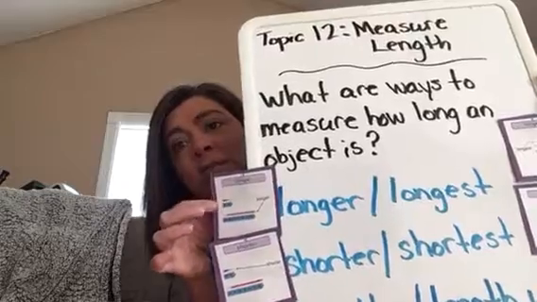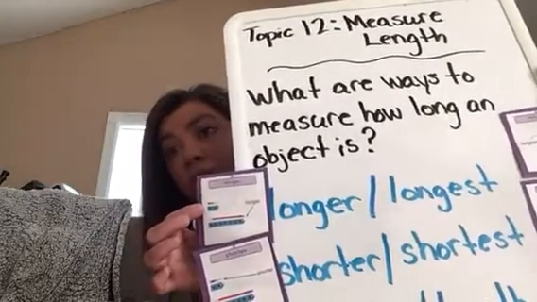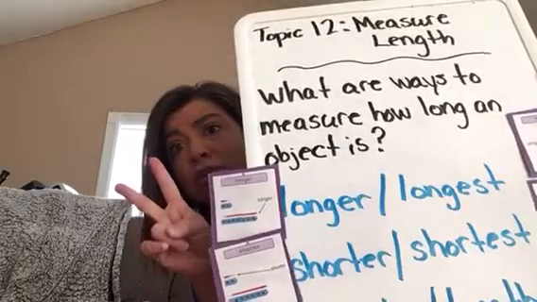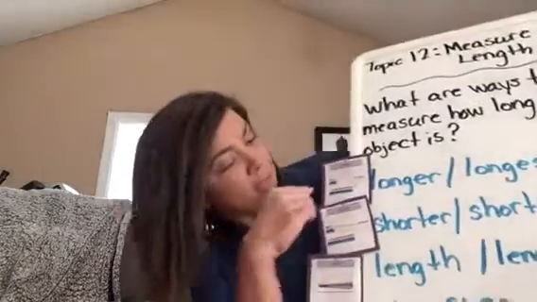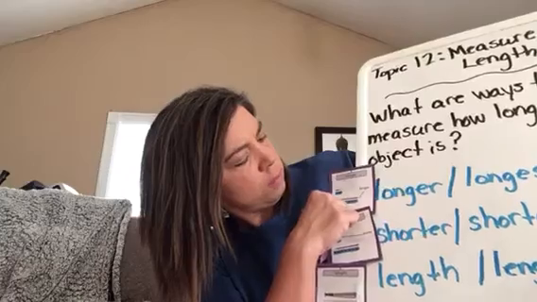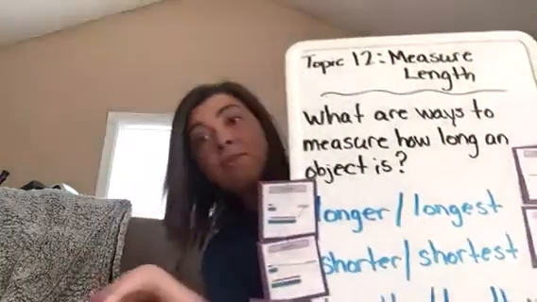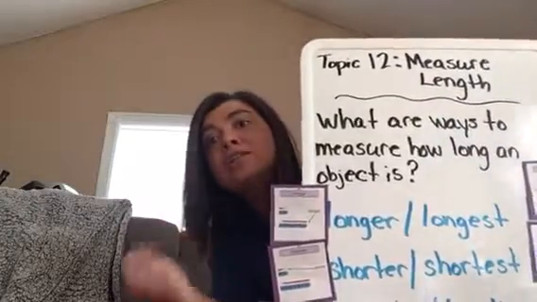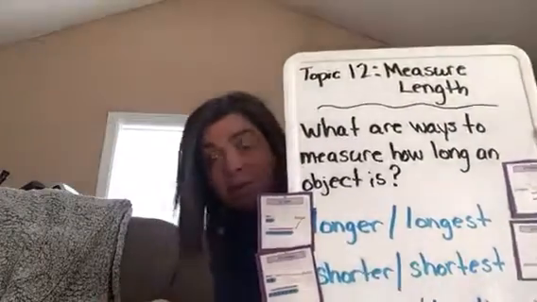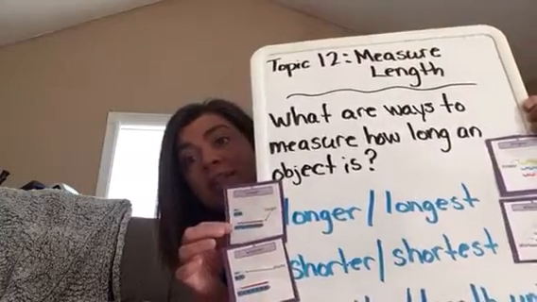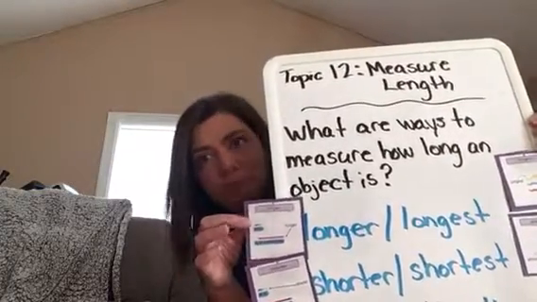And you notice that they measured it using cubes. This little short pencil is only 2 cubes long. And then this pencil is 1, 2, 3, 4, 5, 6, 7 cubes long. So we know 2 is smaller than 7, so 7 is bigger than 2, so 7 cubes is longer than 2 cubes.